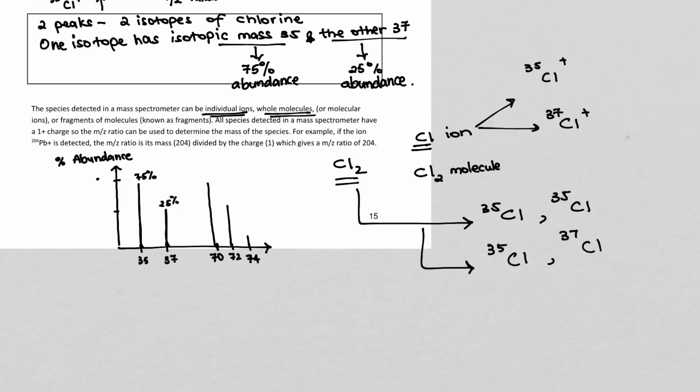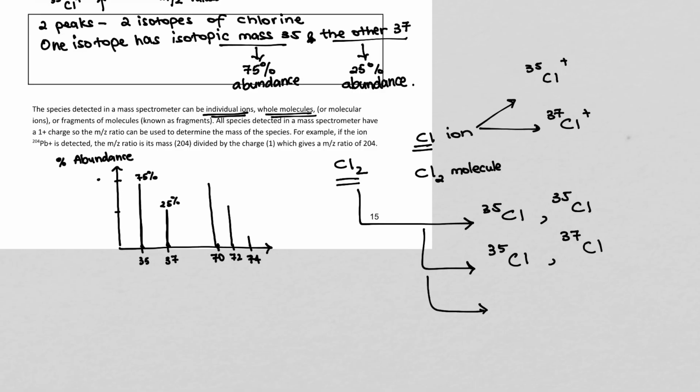But you will also get chlorine molecule. Now the chlorine molecule can be made up of chlorine 35 and chlorine 35. It could be made up of chlorine 35 and chlorine 37.